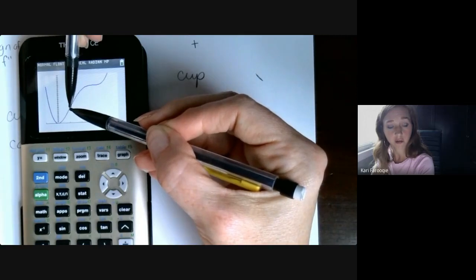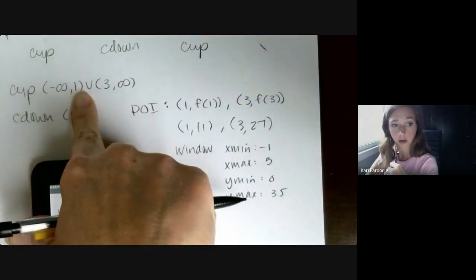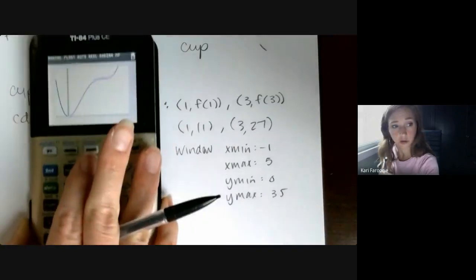So we did have the graph being concave up on that interval from -infinity to 1. We also had concave up from 3 to infinity.